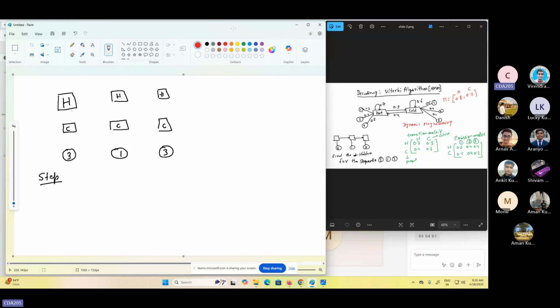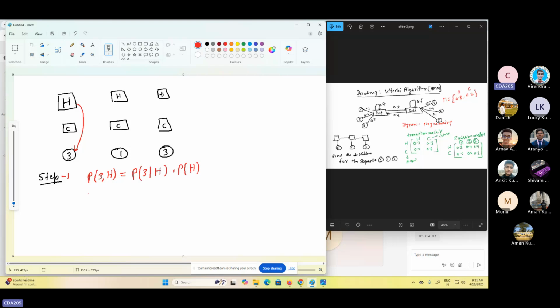To go from hot to 3 ice creams, what is the formula? What is the joint probability between H and 3? This is step 1. It will be P(3, H), so P(3|H) into P(H).